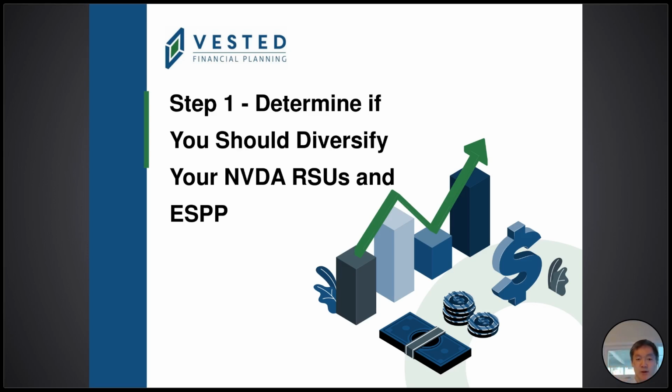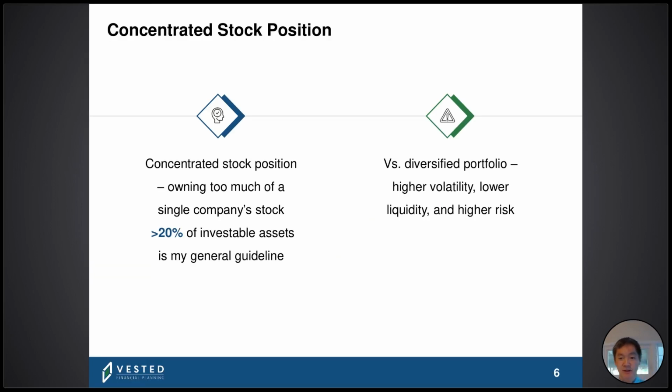All right, so step 1, let's start. Let's determine, first of all, if you should diversify your NVIDIA RSUs and ESPP. So that's the first question. I talk with clients all the time about this concept of concentration. A concentrated stock position just means you have too much of a single company's stock.